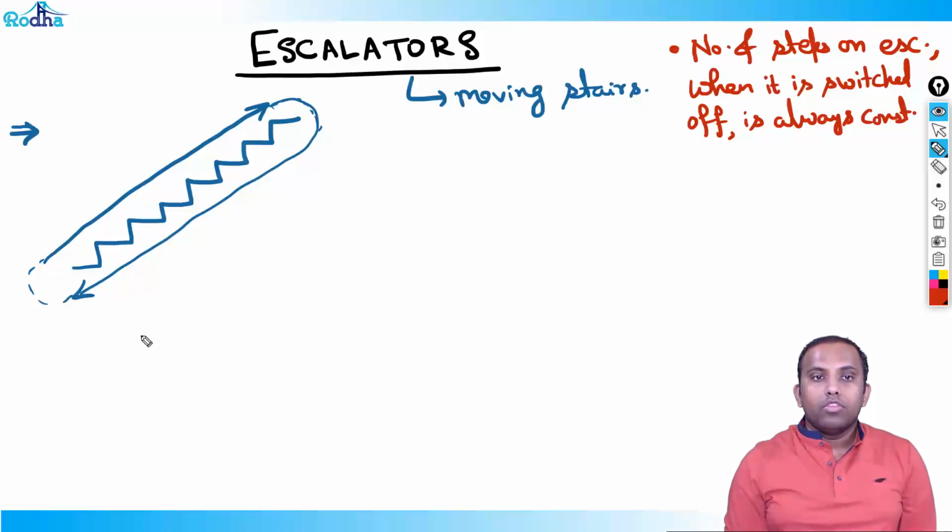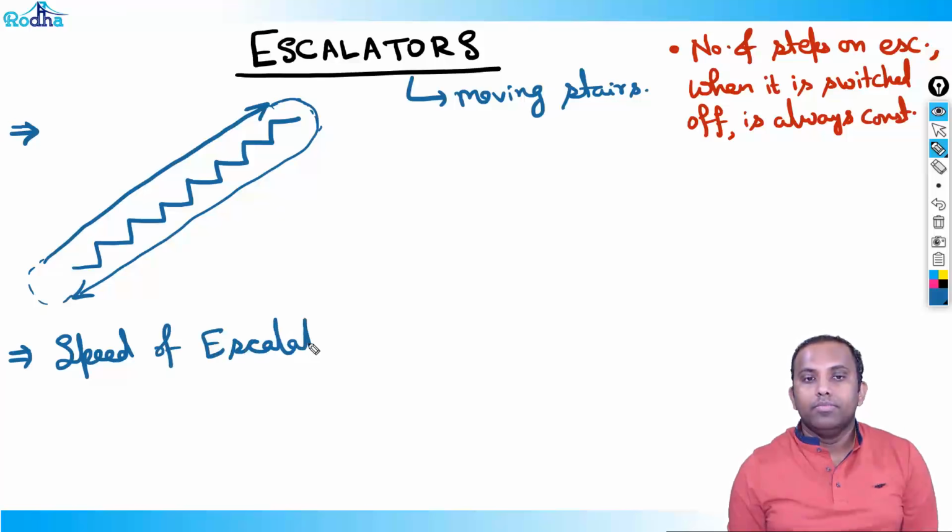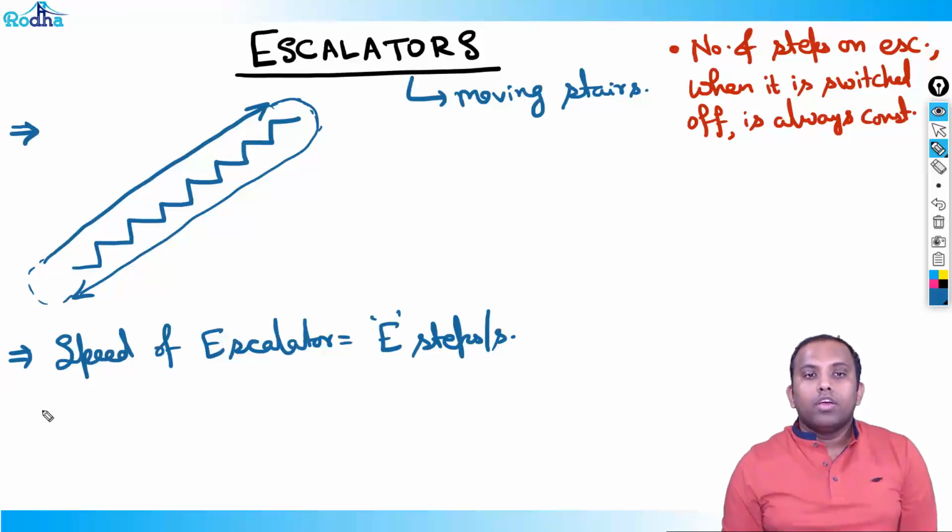Okay. So see here, escalator is like moving stairs. Take an example: let's say the speed of the escalator I will write as E steps per second. Understand the situation.